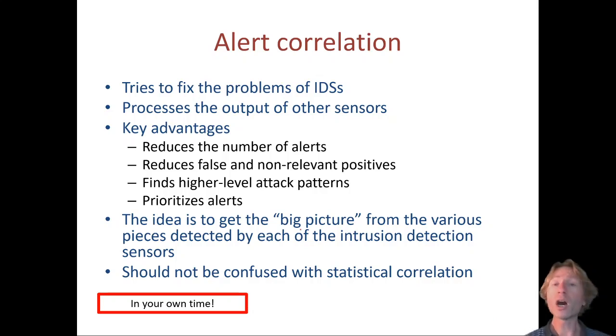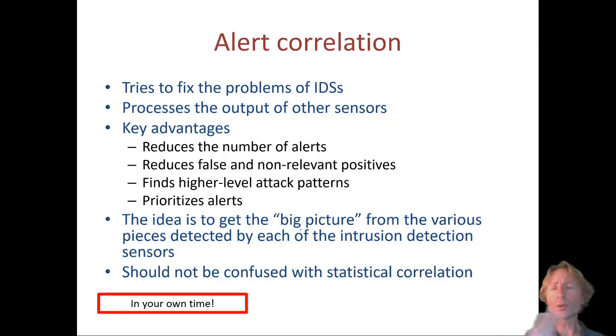You can find higher level attack patterns rather than, something is happening, some event is happening here which is out of the ordinary. You can maybe say, I think there is this kind of attack going on in our system here, and the real target is that host, right? Some higher level piece of information. And you can prioritize alerts so that you don't focus on all the port scans that may not be super relevant, but rather focus on the actual attacks that matter.